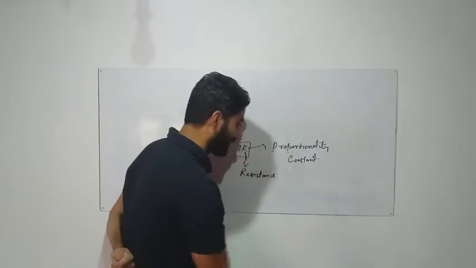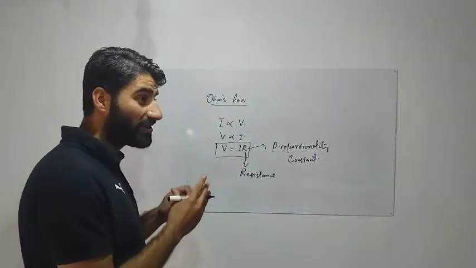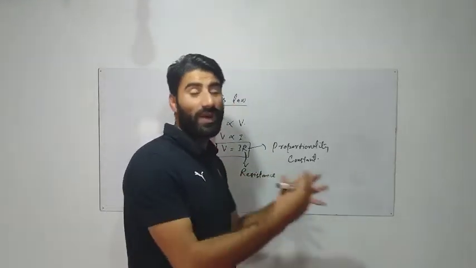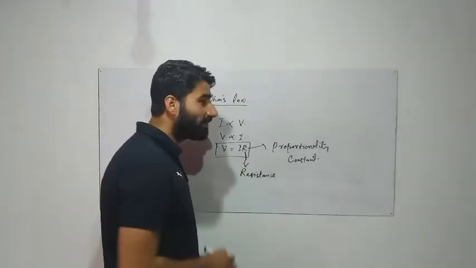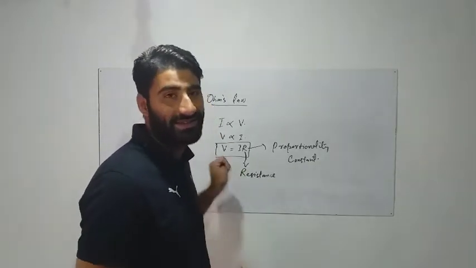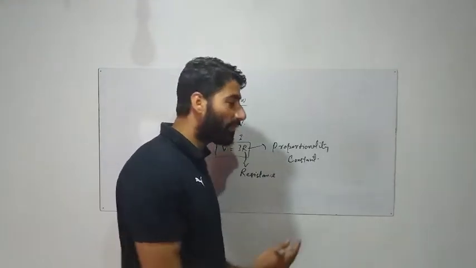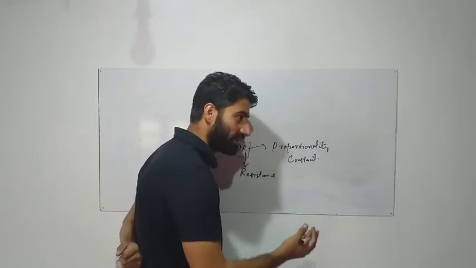All right? And this resistance is affected by its own parameters. This is not affected by this voltage or this current in this relation. This resistance depends upon its own physical parameters.